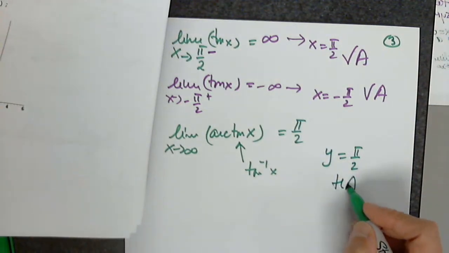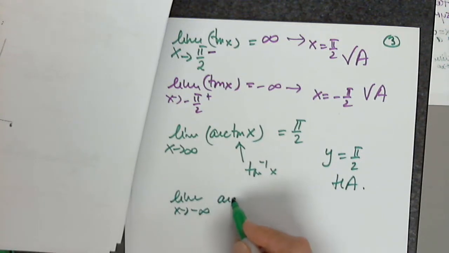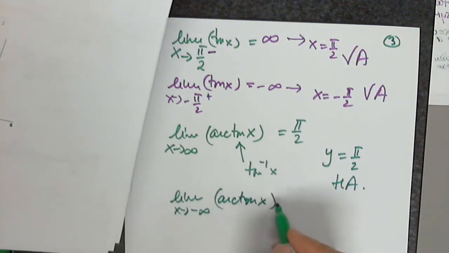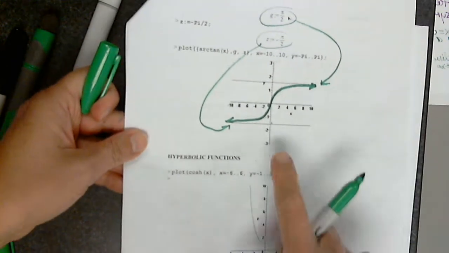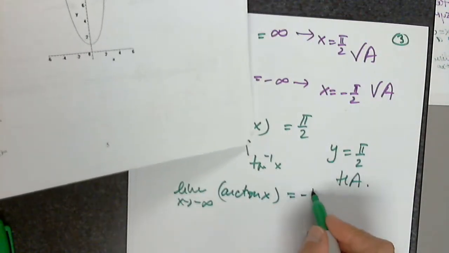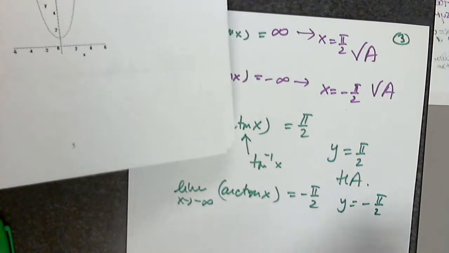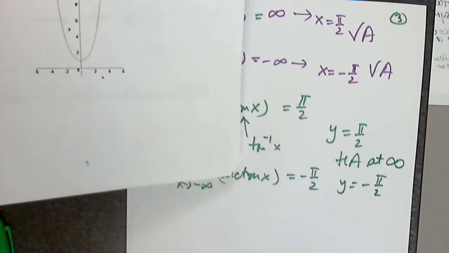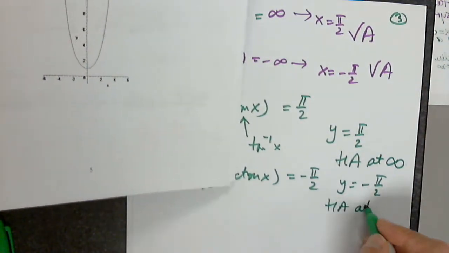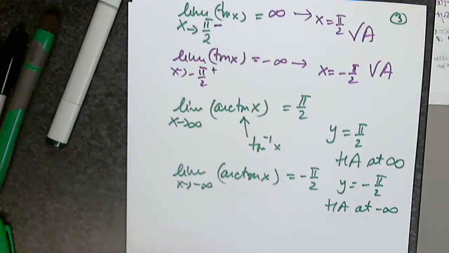Horizontal asymptote. And I can also ask you a limit as x approaches negative infinity of arctangent x. What will you say? Yes, negative pi over 2. So then y equals negative pi over 2. By the way, this is a horizontal asymptote at infinity, and this is the horizontal asymptote at only negative infinity.